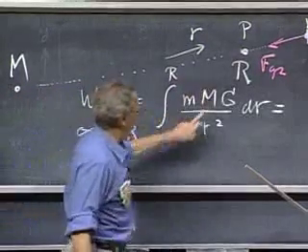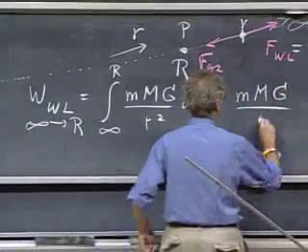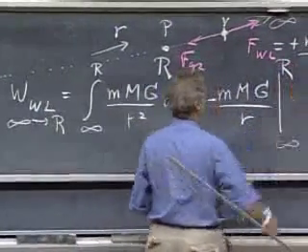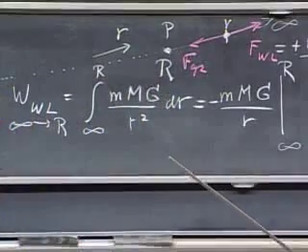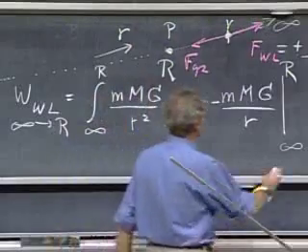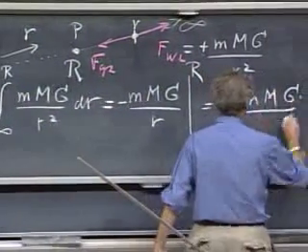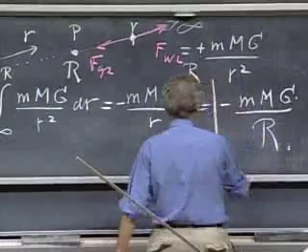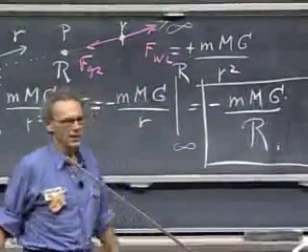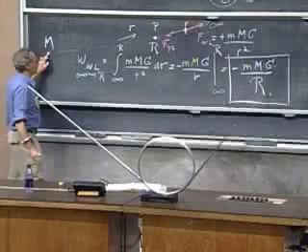This is minus 1 over R, so I get mg over R with a minus sign, and that has to be evaluated between infinity and capital R. When I substitute for R infinity, I get a 0, and so the answer is minus mg over capital R. And this is the gravitational potential energy at any distance, capital R, that you please, away from this object.